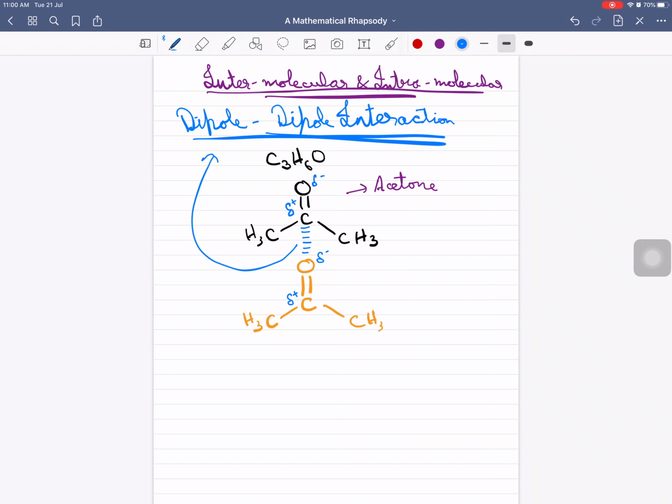Since it's very weak, the boiling point is less compared to others, about 56 degrees Celsius.